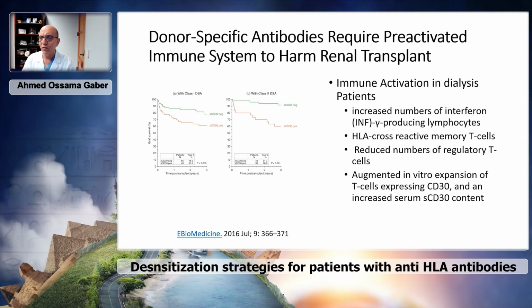They have autoimmune diseases. But during that immune activation that happens at dialysis, there is a cross-activation of memory T cells. And what keeps the HLA antibodies from causing damage is a balance between the memory T cells and the regulatory T cells.